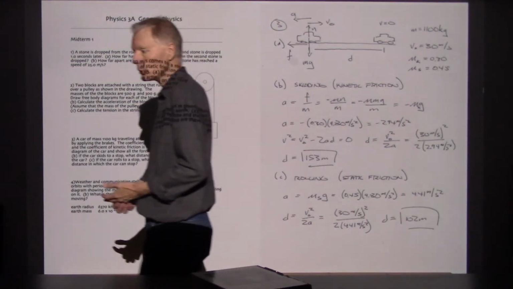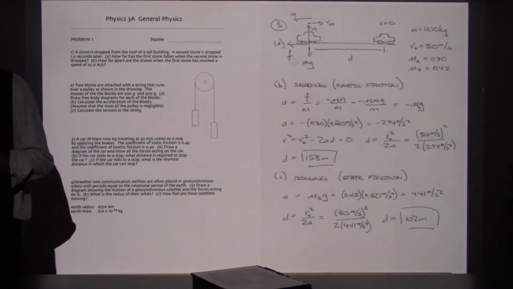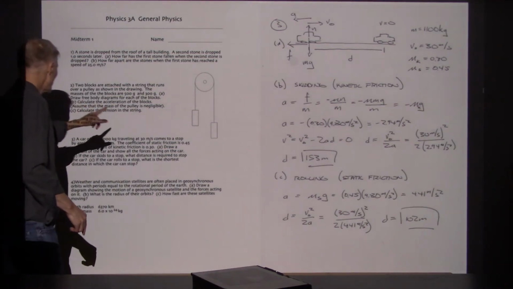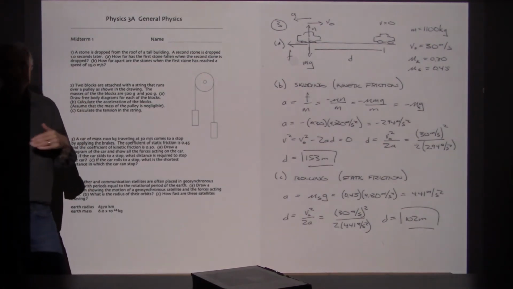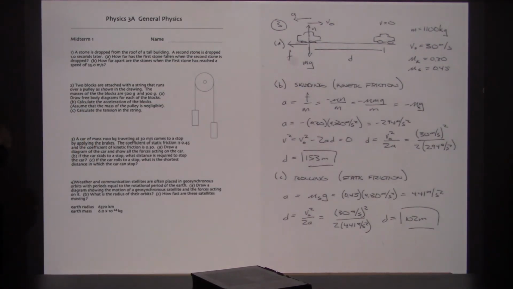You know, in the real world, no one walks up to you and tells you, all right, use this number and this, but don't use that number. In the real world, you have to decide which numbers are relevant and which ones are not. So that's part of the problem, is deciding what to use.